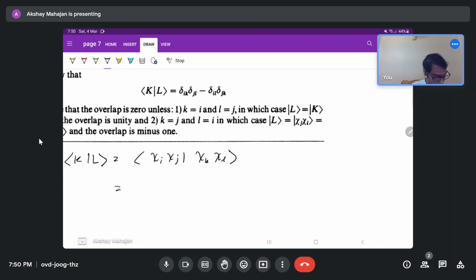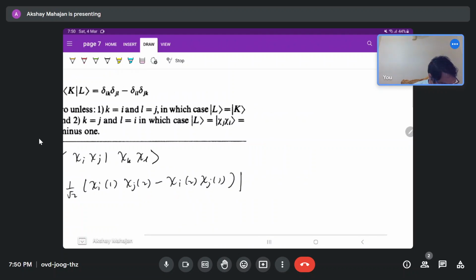Okay, so this we know could be written as 1 by root 2 times chi i of the first electron, chi j of the second electron, minus chi i2 chi j1, and this will be 1 by root 2 times chi k1 chi l2 minus chi k2 chi l1.